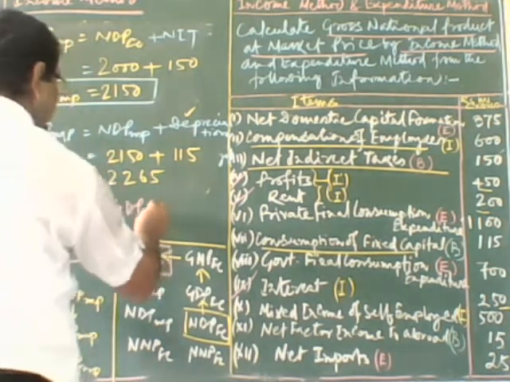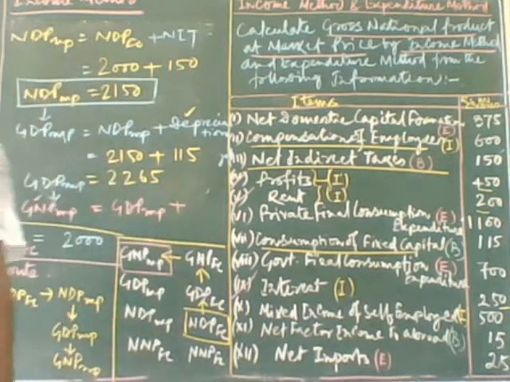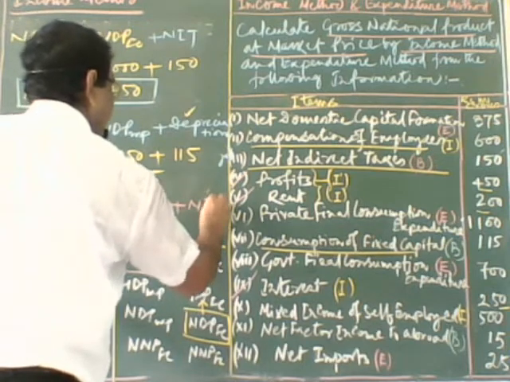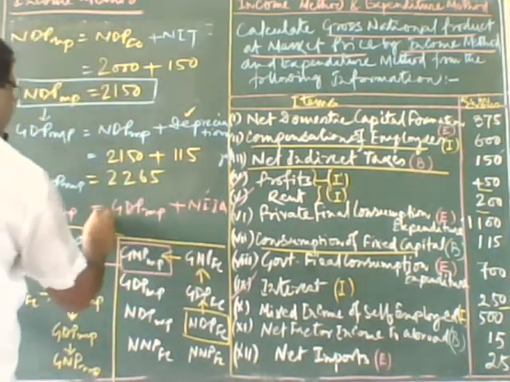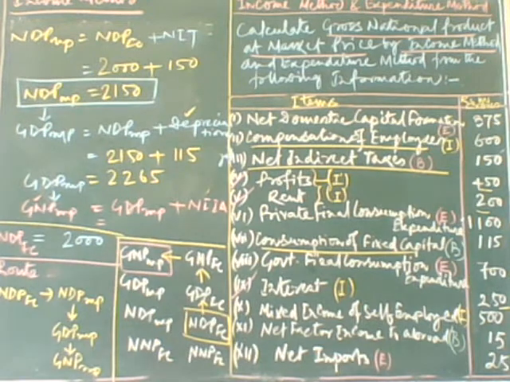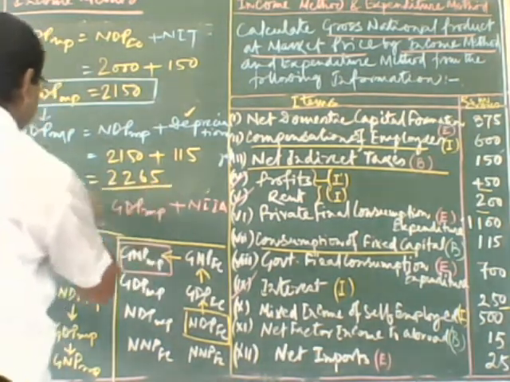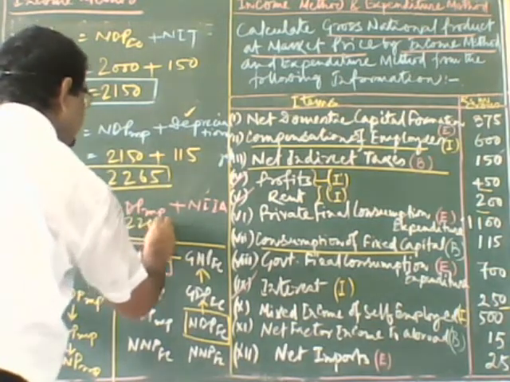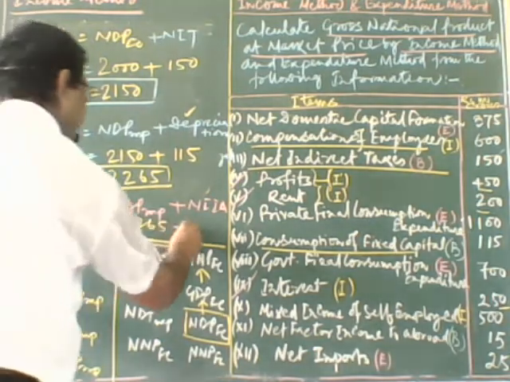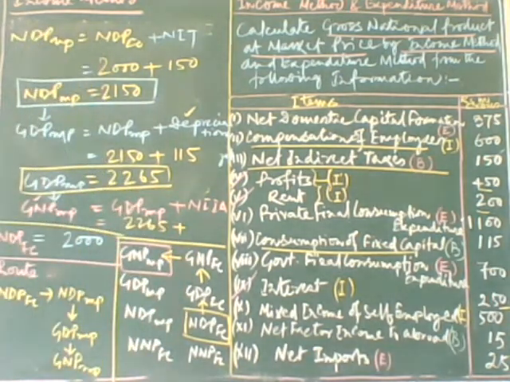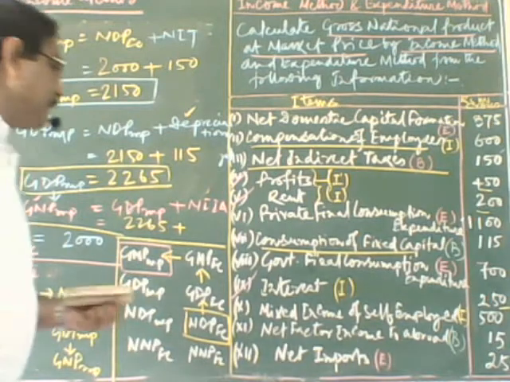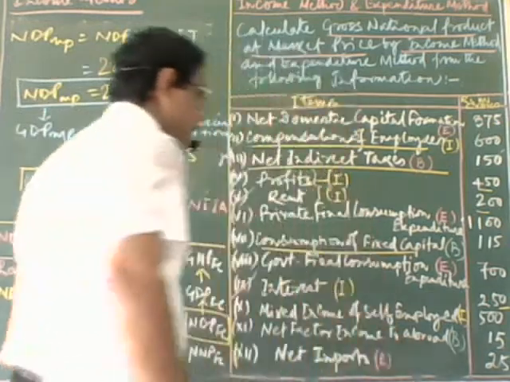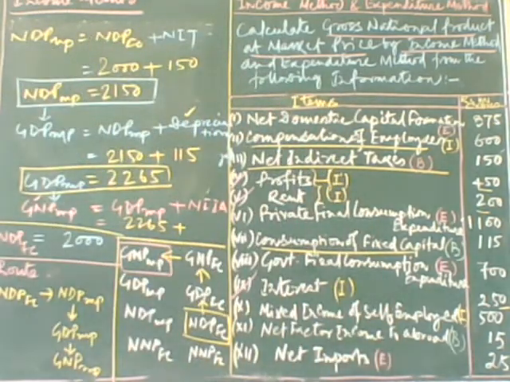So the bridging component is NFI. Therefore, the NFIA will be added with the domestic. You have to put this value. GDP market price is equal to 2265 plus NFIA. Here NFIA, one thing you have to remember, the net factor income to abroad is given.